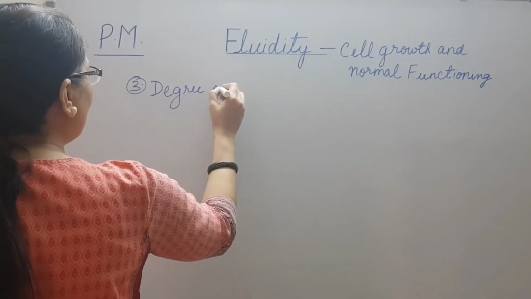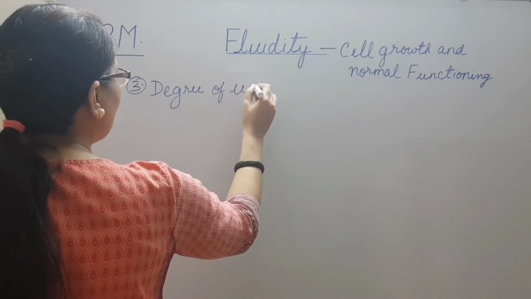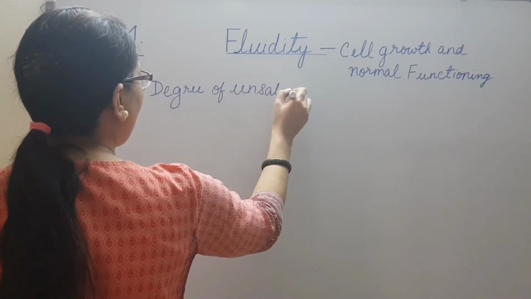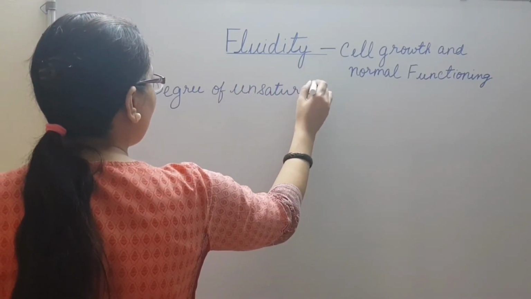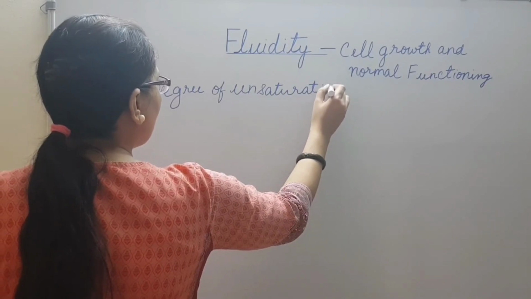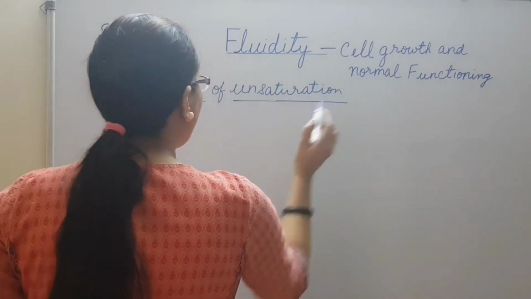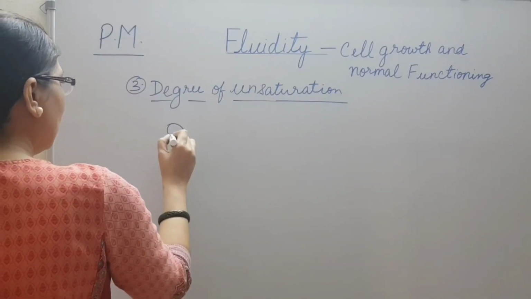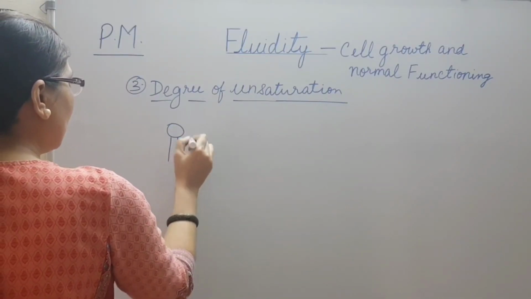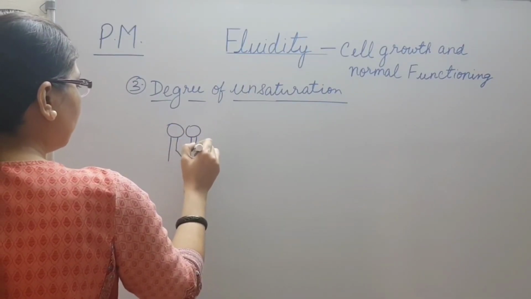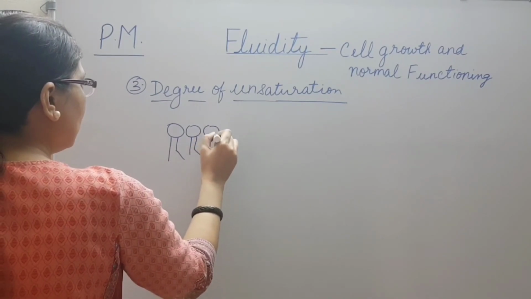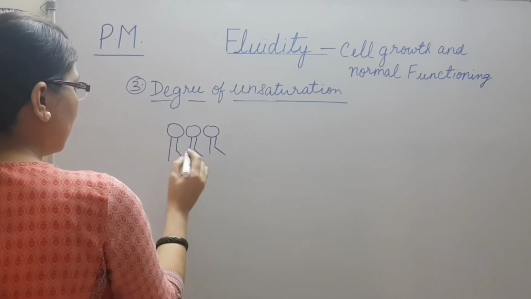Third is degree of unsaturation. That means whether the fatty acid chain is saturated or not. When the fatty acid chain in the phospholipid has a double bond, then it is known as unsaturated, and hence a kink is present.